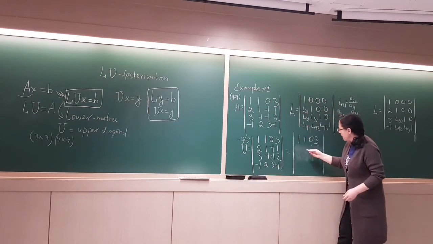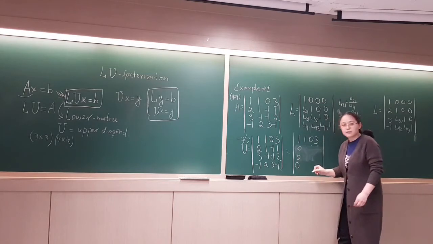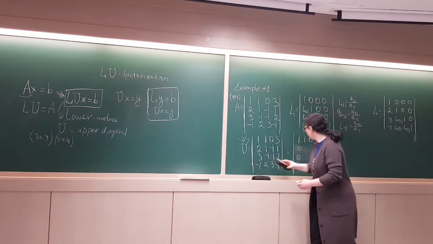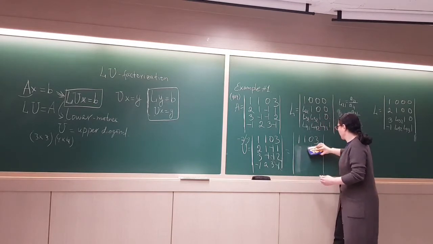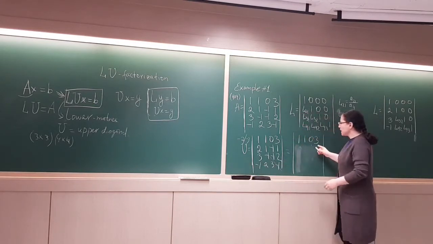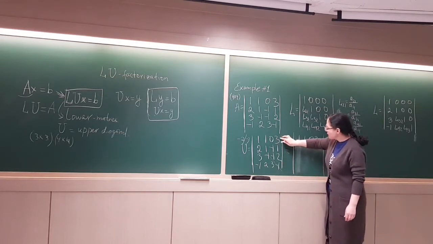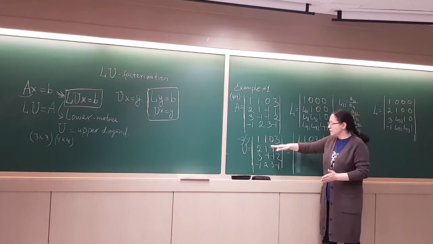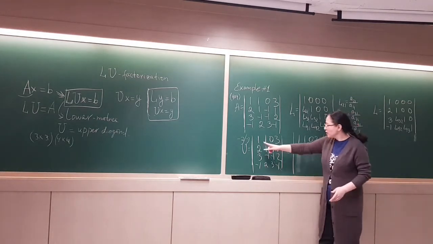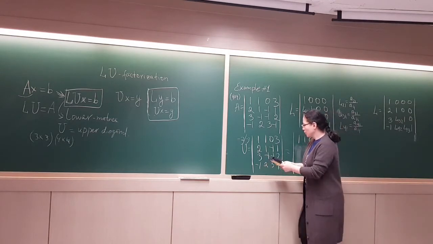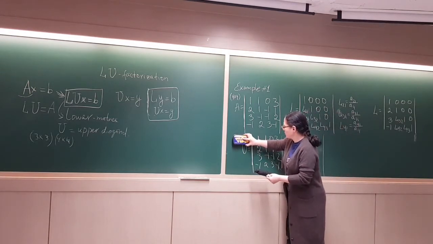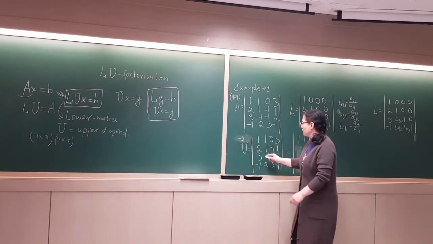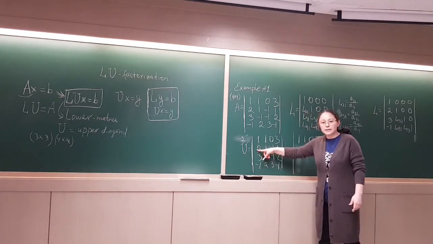Our purpose is to make it like this, right? To do that, we use the first line and second line. We multiply by minus 2 and add with the second line.